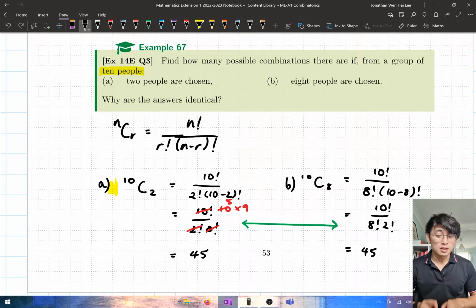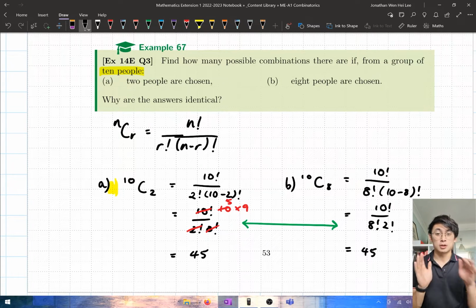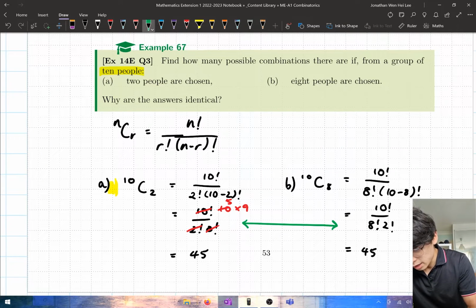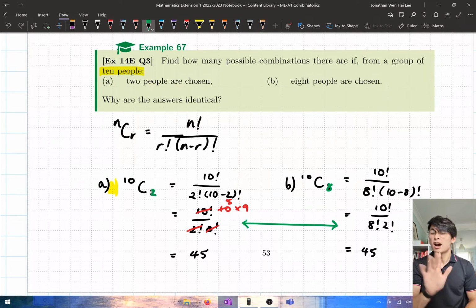So there's a bit of a property with this n choose r thing. There's a bit of symmetry. If I want to find n choose r, that's the same as n choose n minus r. So notice here, 2 and 8, when I add them up, they give me 10. So if I'm choosing the 2, that's the same as choosing the 8 that aren't selected. And so that's a really nifty little property about our combination thing here.